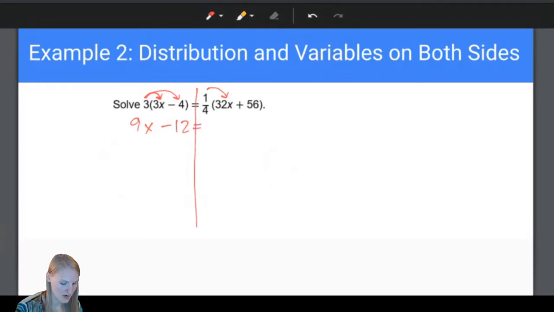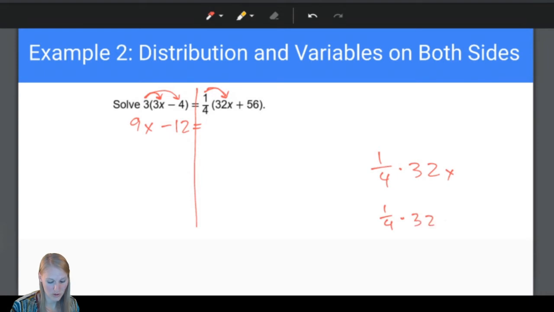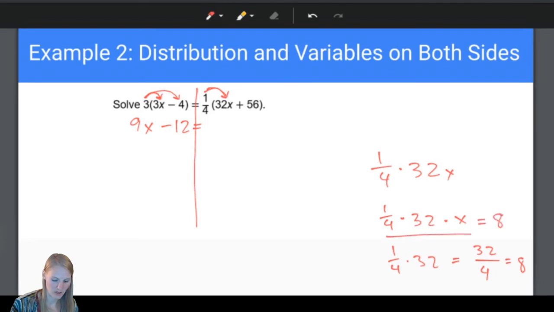Okay. And now we'll do 1/4 times 32x. So remember, 1/4 times 32x, that's like 1/4 times 32 times x. And remember that 1/4 times 32 is the same thing as 32 divided by 4, which is 8. So 1/4 times 32 times x is 8x.